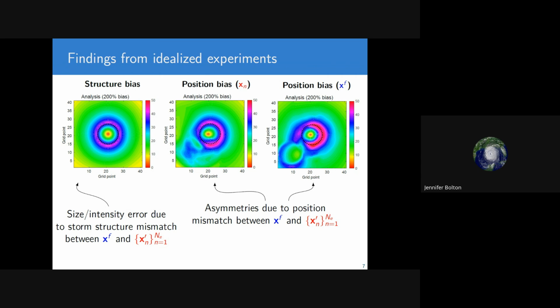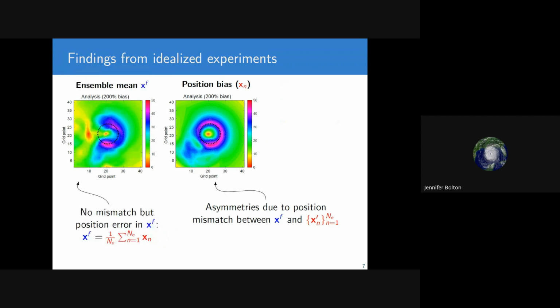And we don't have control over that when we don't do our own self-cycled data assimilation. Also on the left, I just added an extra case in which I have some structure bias. I gave my experiment just a set of perturbations coming from an ensemble that had broader, weaker vortices, similar to what we'd have for GFS. That also induces some type of bias as well. But the two important ones are the ones on the right.